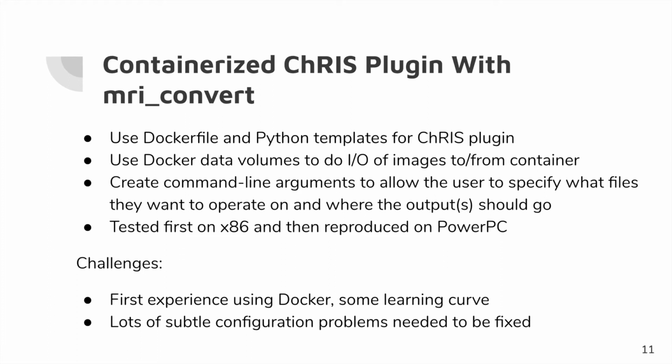With the Python code, we defined some command line arguments that allow the user to specify what files they want to operate on, where the output should go, and then execute the MRI convert binary using those input and output paths. To execute it, we embedded the binary in the image, and that's compiled for PowerPC.